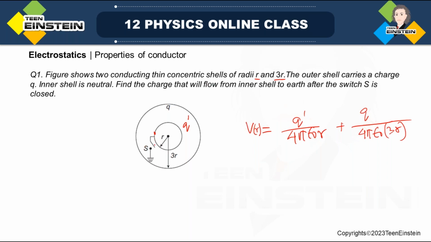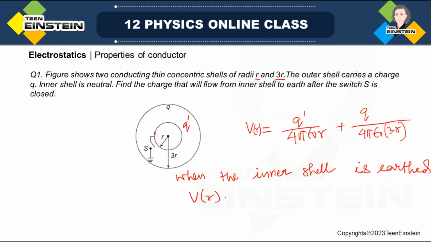Now look, when the inner shell is earthed, let me write the potential on the inner shell, VR will be 0. Okay, VR will be equal to 0.